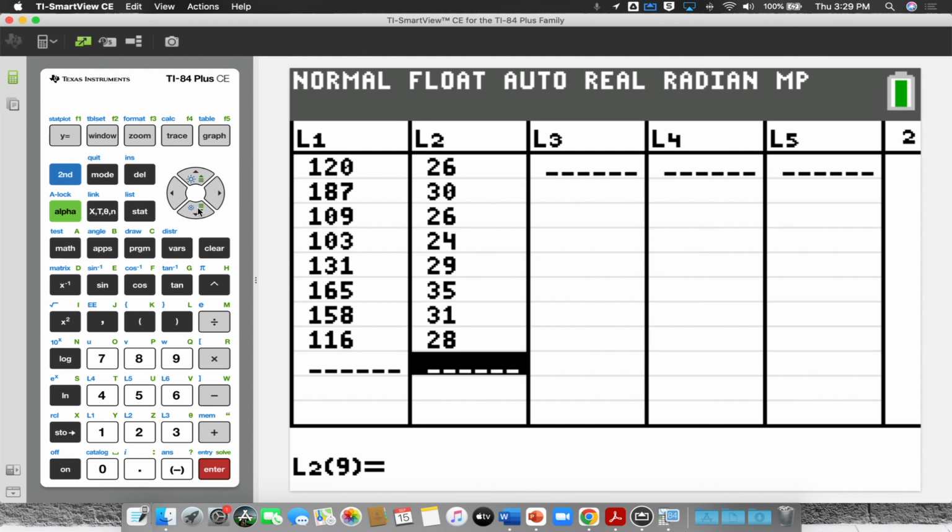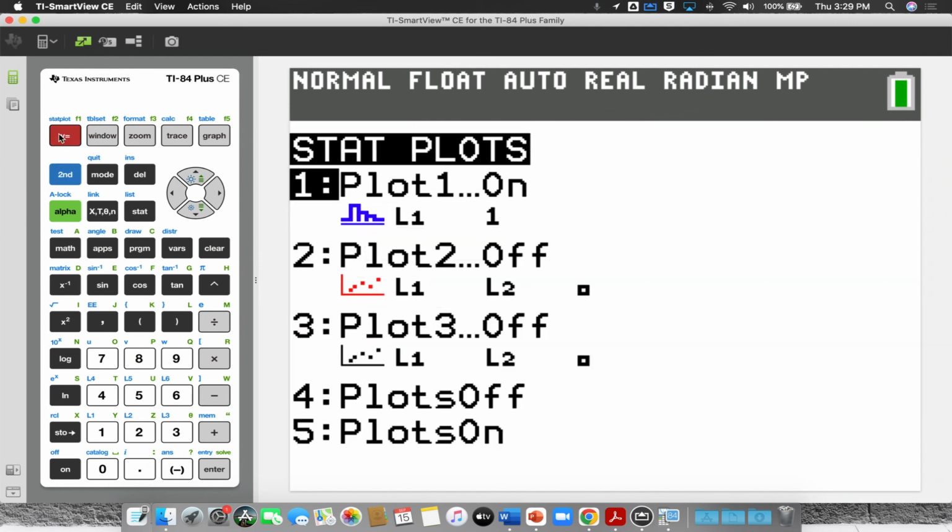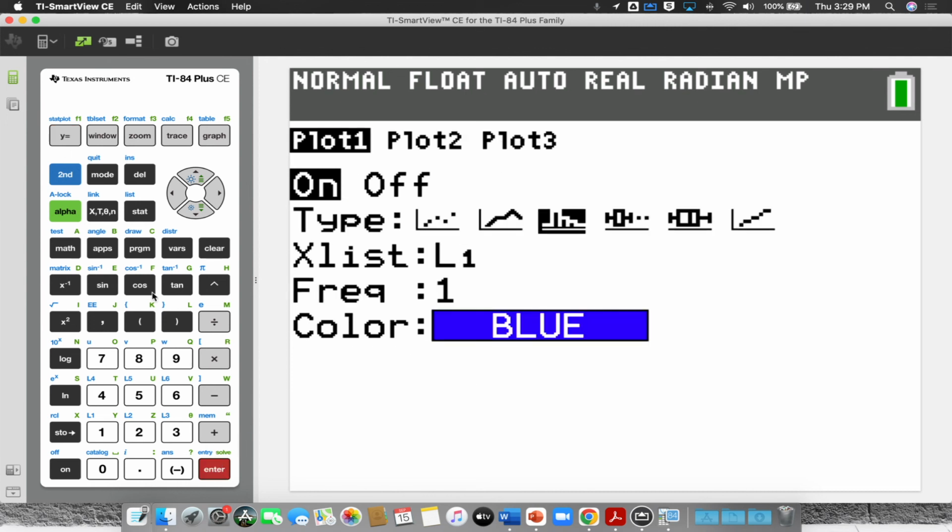Okay. So now what we're going to do is make a scatter plot. We're going to go to where we graph, which is stat plot. Go to stat plot, and then go to Plot 1. Make sure it's on.